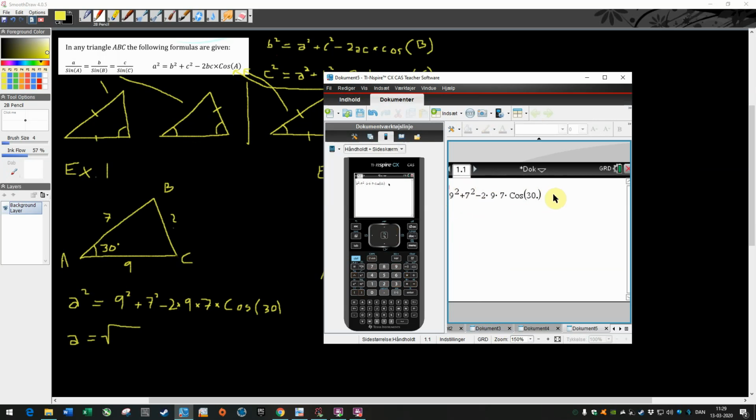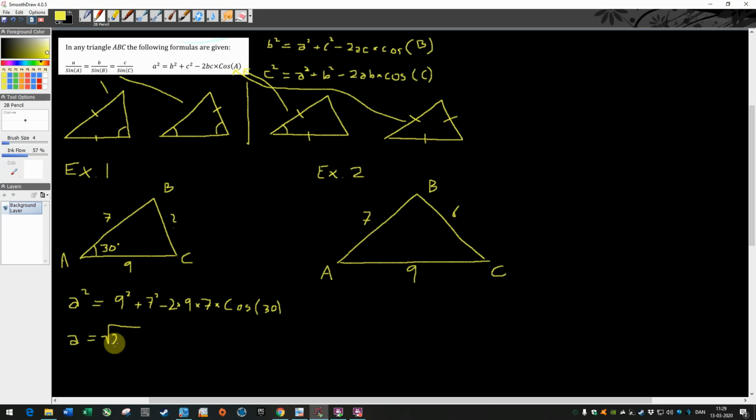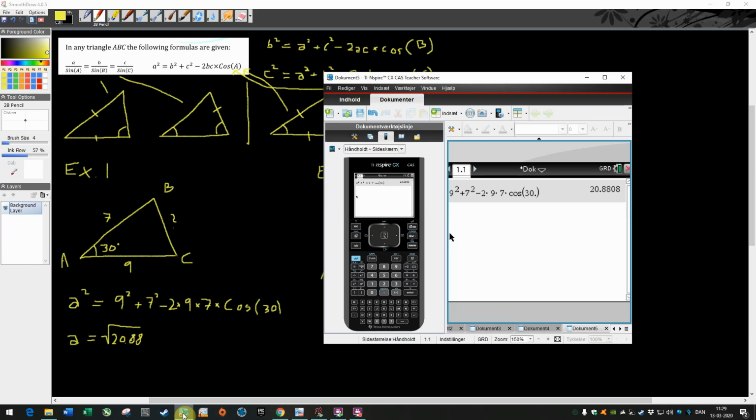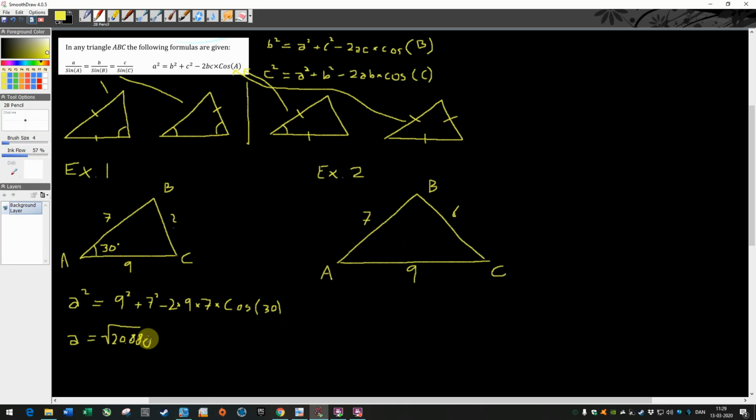Okay, I'll just do it in 2 steps. So you get 20.88. If you do it like this, you should write down all the decimals, otherwise you'll get an error. And then you calculate this.